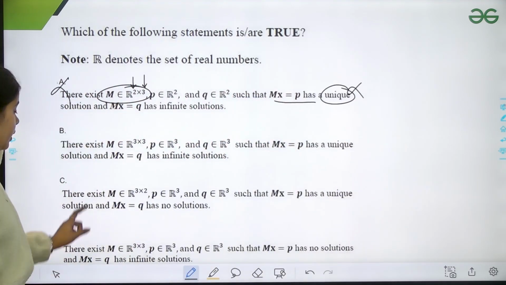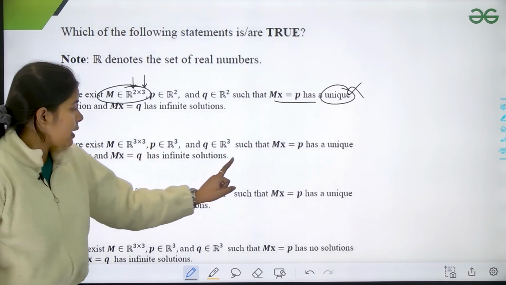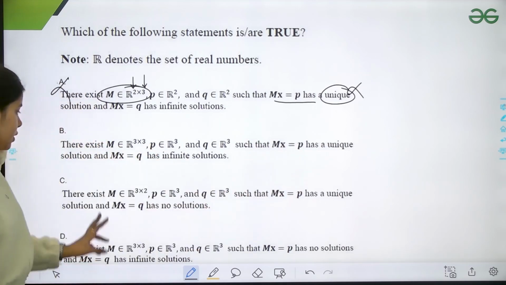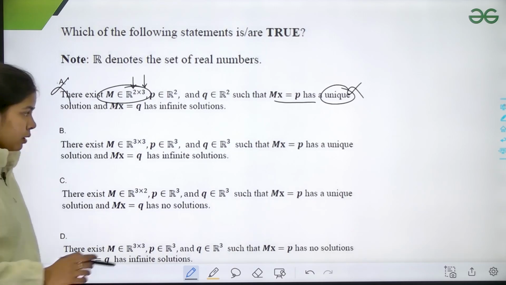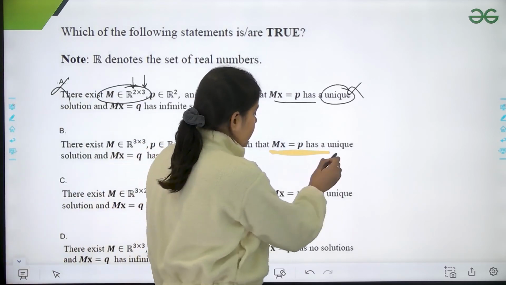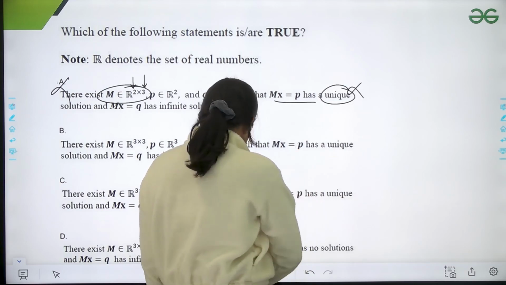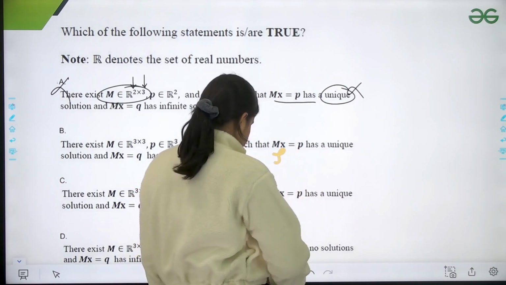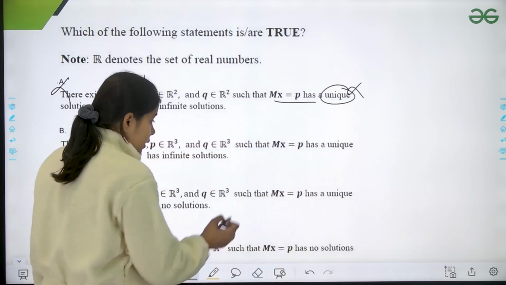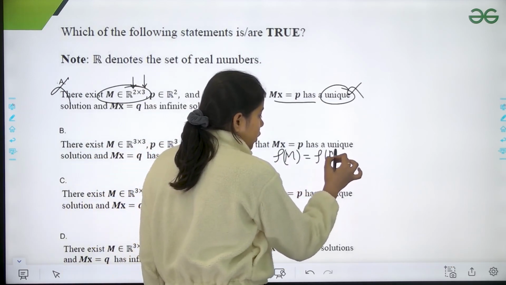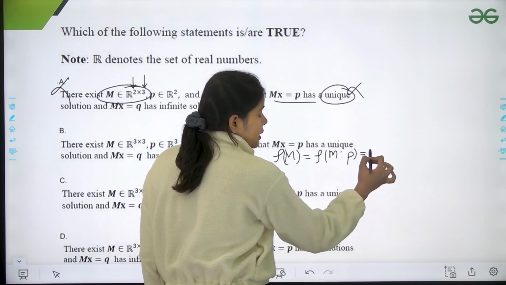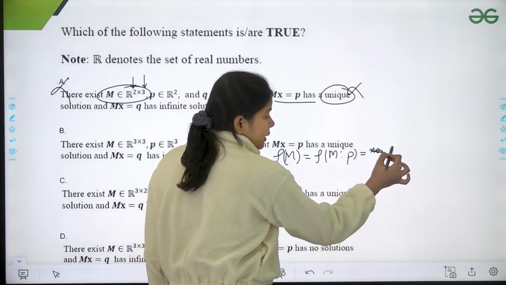Let's go for option B. M is a 3 cross 3 matrix. They are saying that Mx equals P has a unique solution and Mx equals Q has infinite solutions. We know that this system has a unique solution when rank of M equals rank of the augmented matrix equals the number of variables, that is 3 in this case.